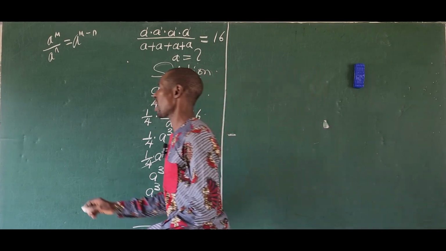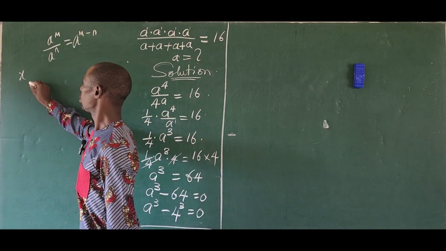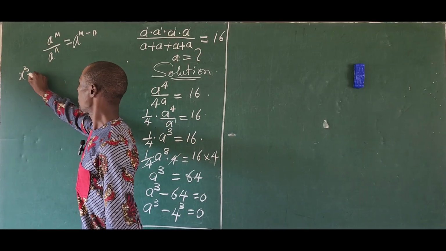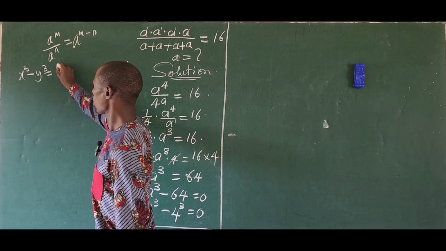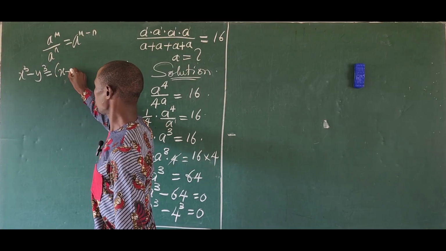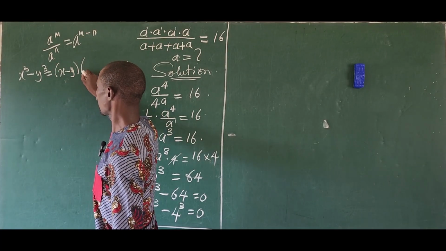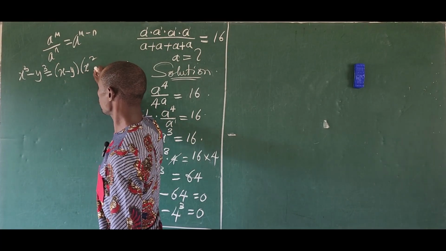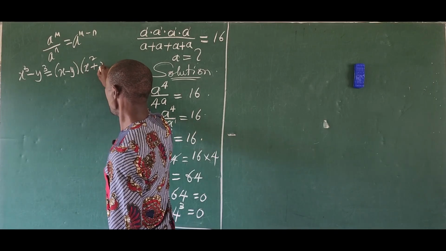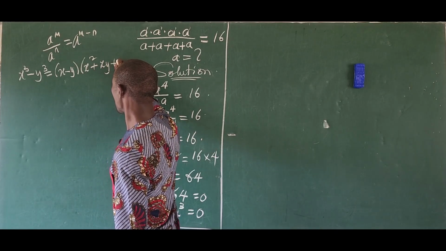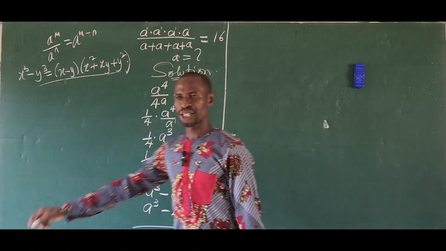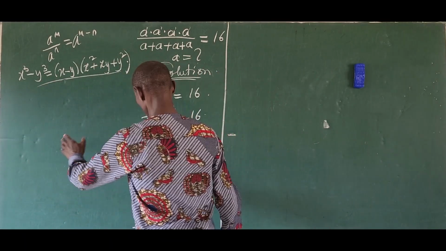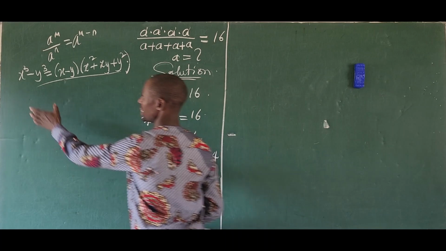It says that when you have x to the power of 3 minus y to the power of 3, this is equal to the bracket x minus y, close bracket, times x to the power of 2 plus xy plus y to the power of 2. Nice one. So this expression we have here now is in this form.